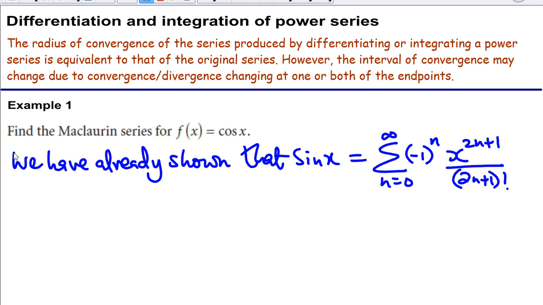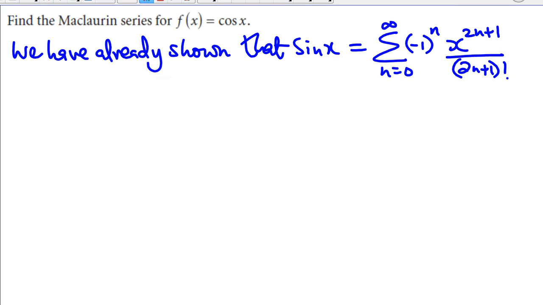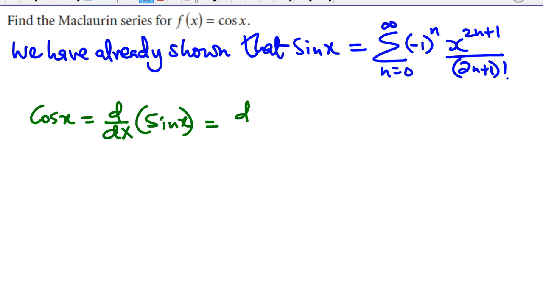So basically, if we want to find the Maclaurin series for cos x, we can say that cos x will be d over dx of sin x, and this will be equal to the derivative of this series for sin x.